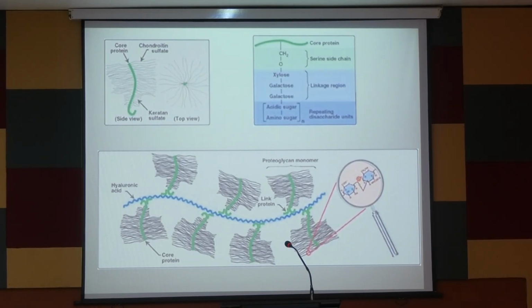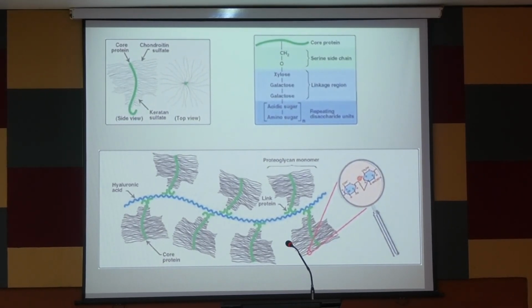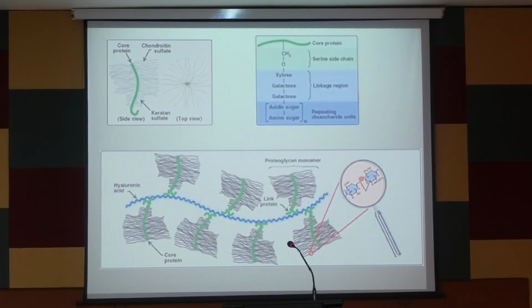Now, where do you find these compounds in our body? Any example? Which tissue? Almost all tissues contain some mucopolysaccharides. Most commonly in joints, synovial fluid, vitreous humor, everything.